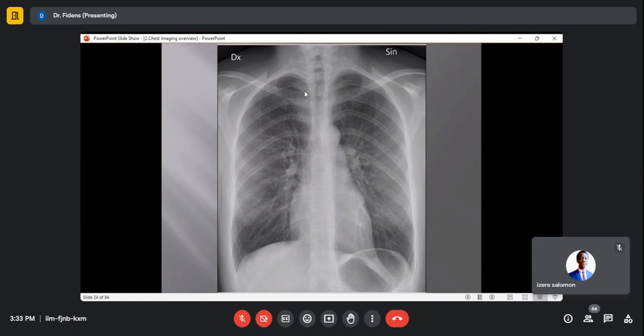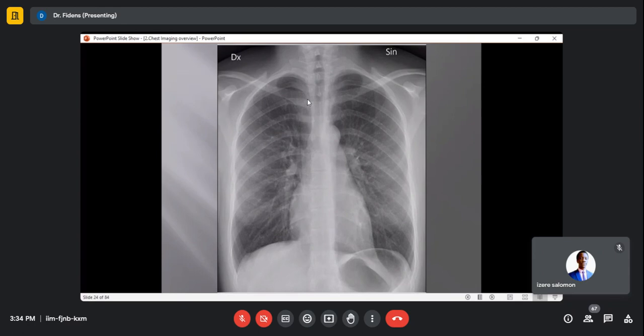The medial ends of the clavicles, the distance from the spinous processes to the right clavicle and to the left clavicle are equal.